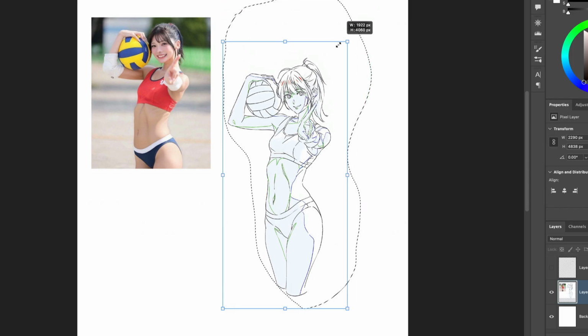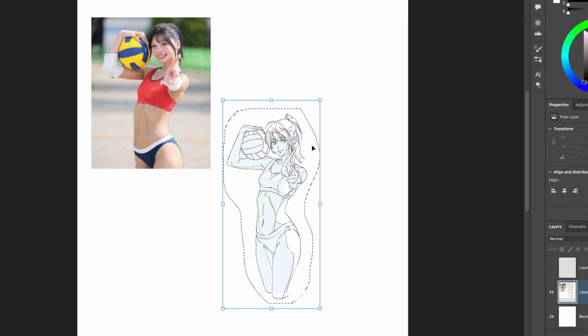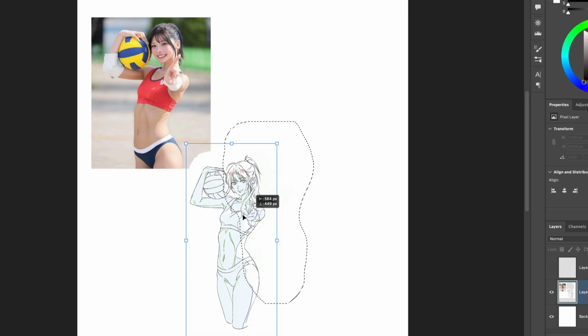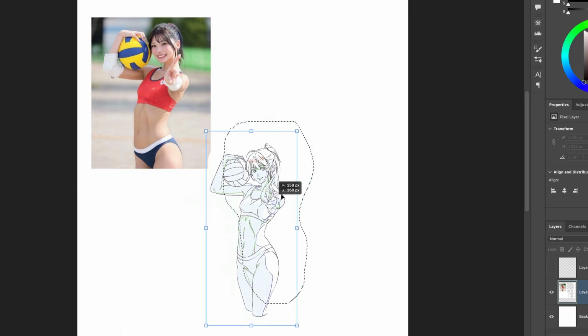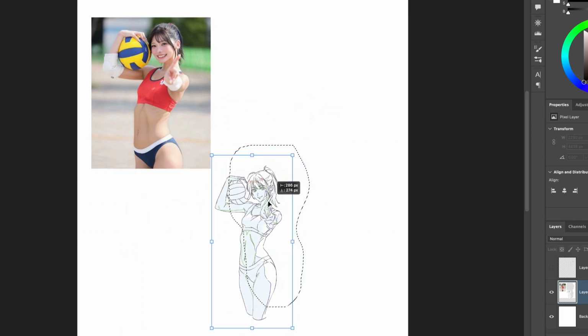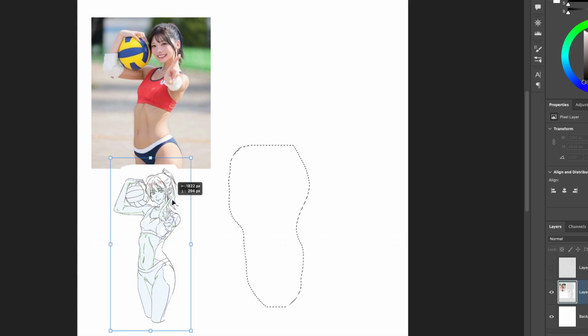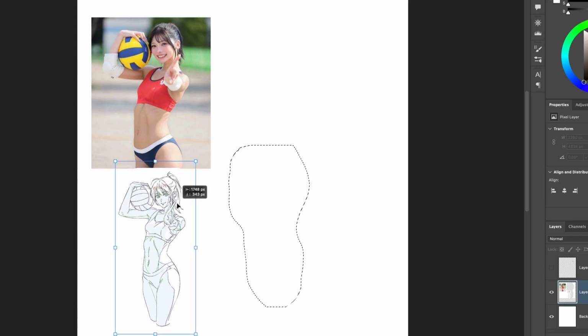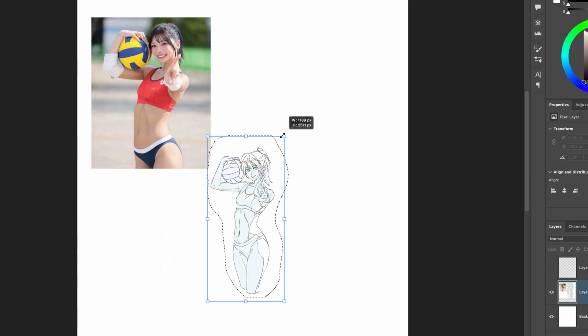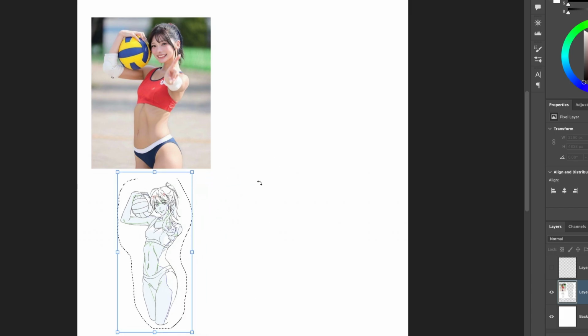It's a very solid drawing. It's the kind of thing you'll see in some anime advertisement or something like that. There's nothing wrong with it in that regard. But the problem is that it doesn't read very well.